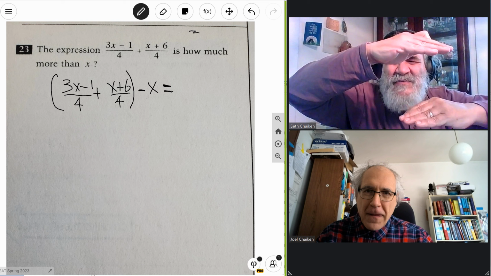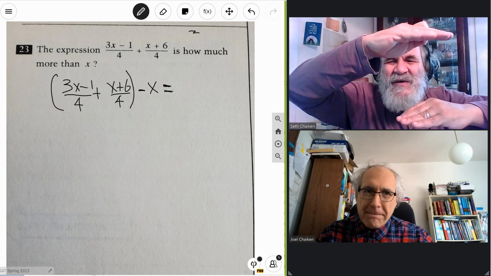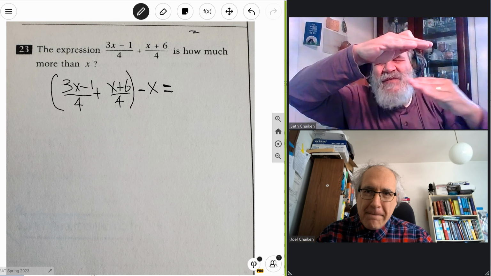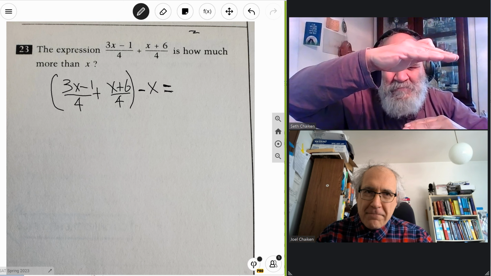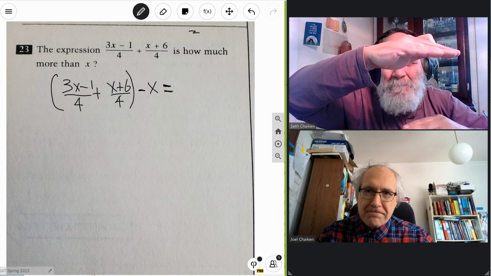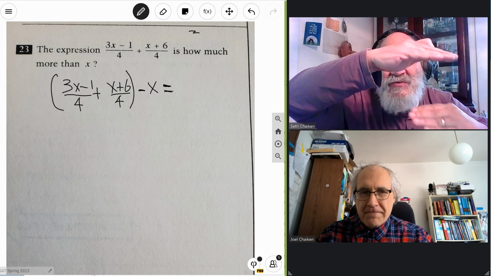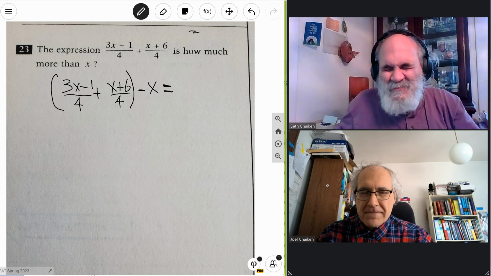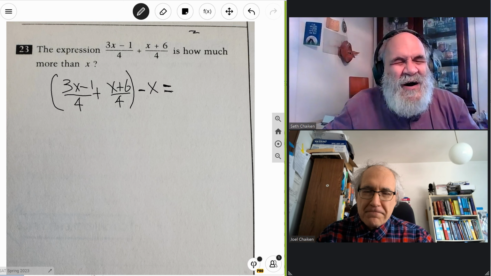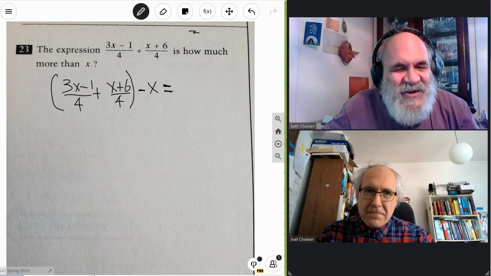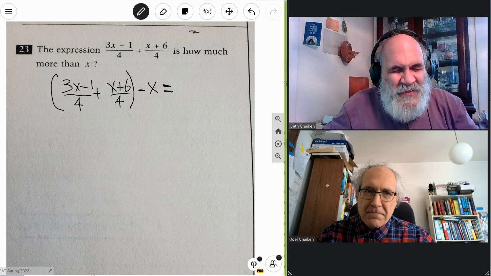And then when the expression above really is more than X's selection below, that subtraction, the big number minus the small number, is going to be positive. So that tells me that what you wrote down is the accurate expression in algebra for what the English question asked for.